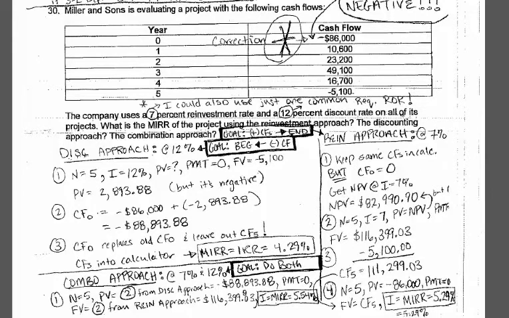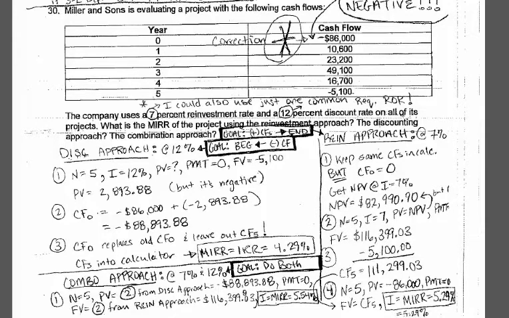That negative $88,893.88 is going to be your present value. So make that your present value. Step 2 from the reinvestment approach is your future value. N is going to be 5, payment is 0, and you're going to solve for I, and in this case you get 5.54%, and that is your MIRR, or your modified internal rate of return, for the combination approach.